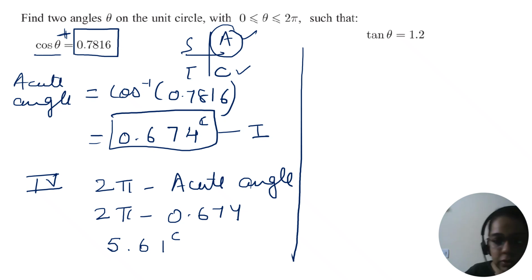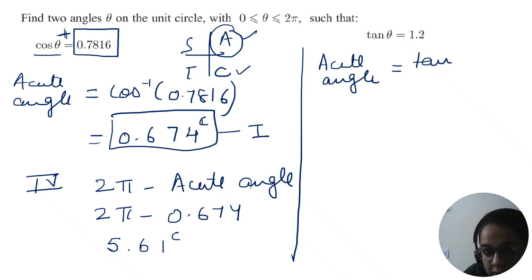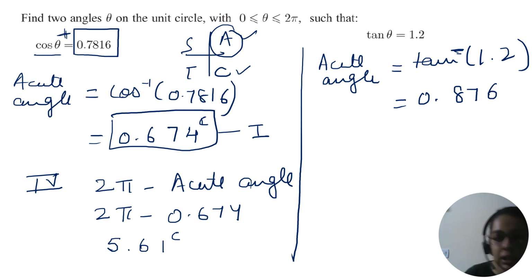So we will first search for the acute angle. To get the acute angle, I do tan inverse of 1/2, and when I put it in my calculator, I get 0.876. As I said, the calculator will give us the acute angle only if the values are positive. Here the calculator has already given us the acute angle, and as per ASTC, tan is positive in the first and the third quadrant.